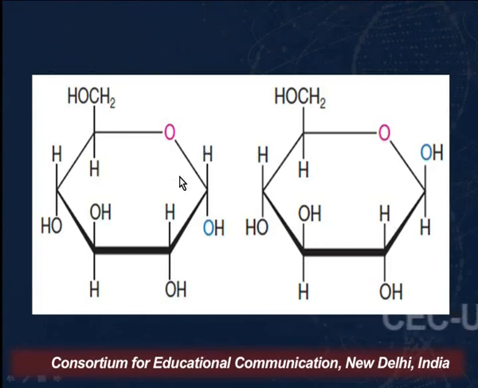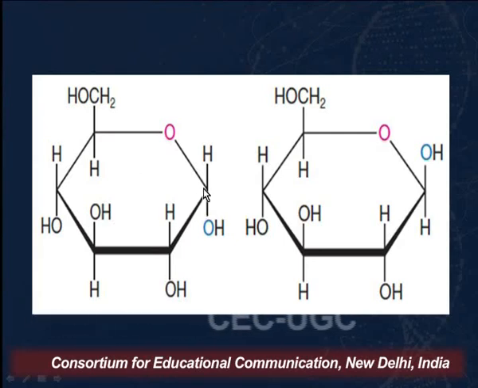Here I have shown 6-membered rings of glucose, and these are the pyranose rings, and as I have already said, the groups which are on the right hand side will go below the ring and those on the left hand side will go above the ring.